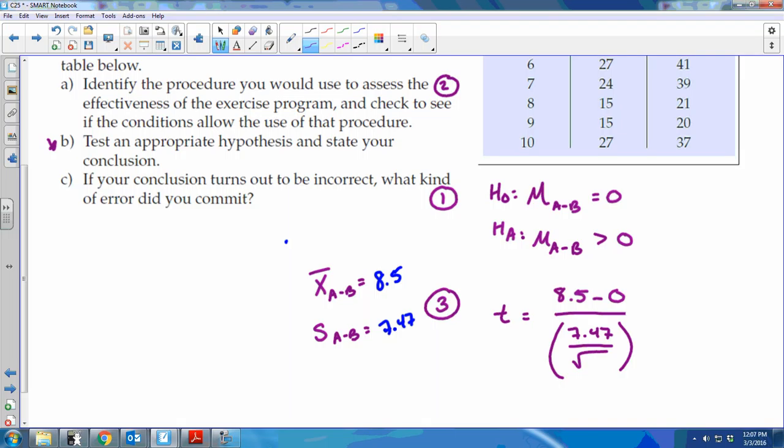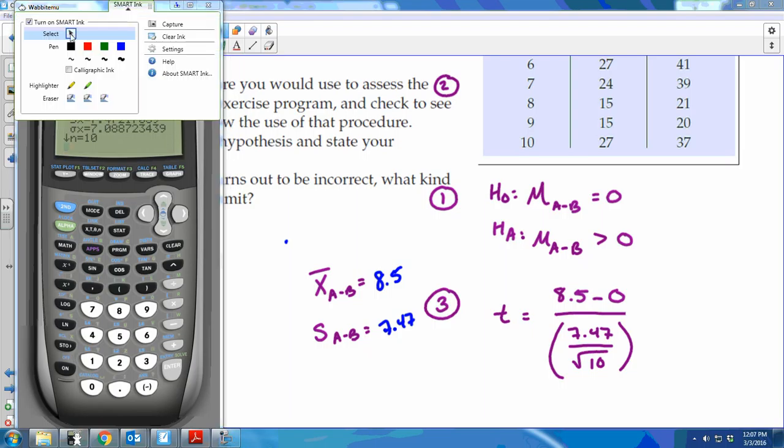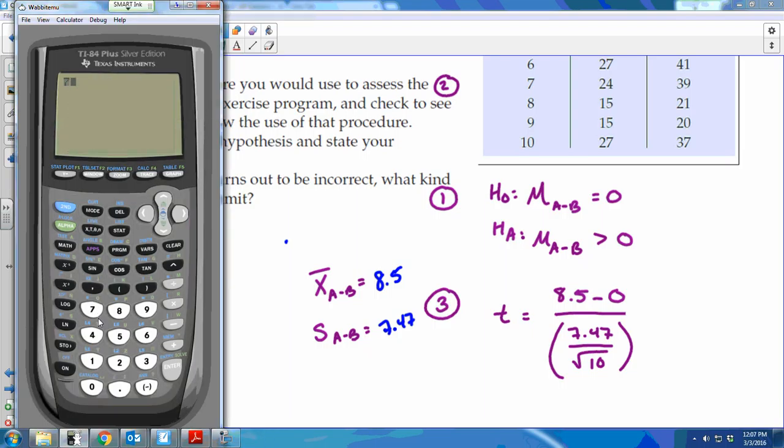N is the number of pairs I have, which was 10. So I've got 7.47 divided by the square root of 10. That's 2.36. And then I've got 8.5 minus 0, so 8.5 divided by that answer. So about 3.598.